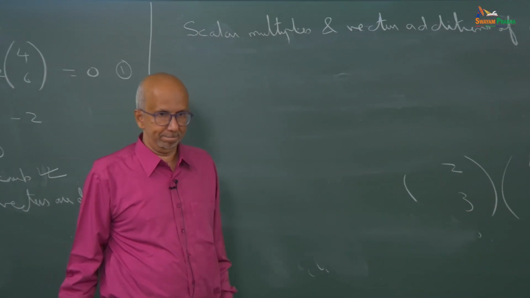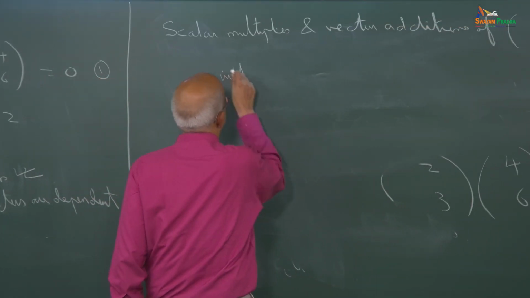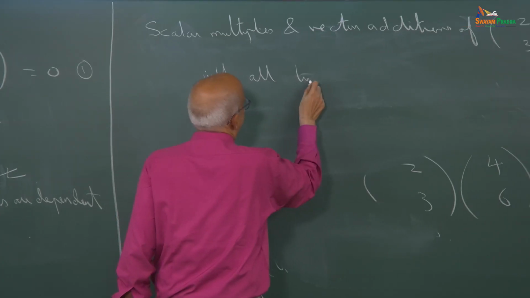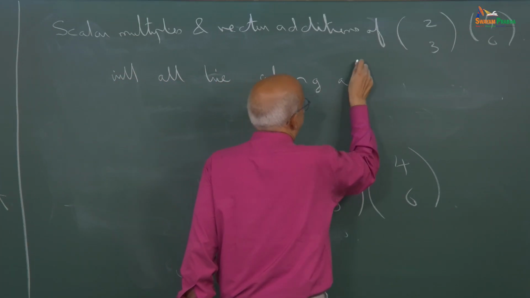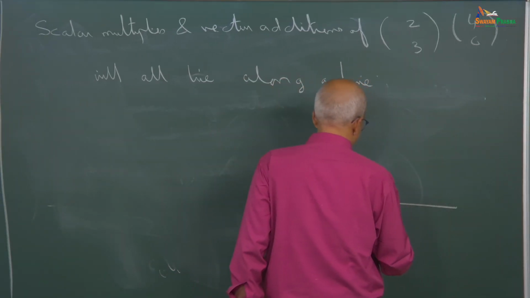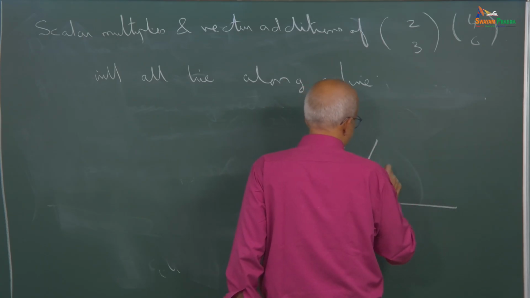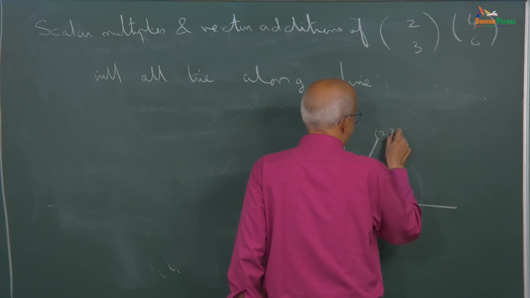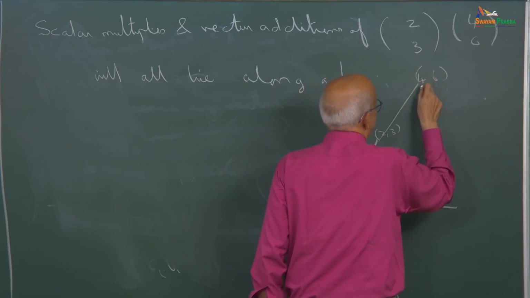They will all lie along a line. This is the point (2, 3), and (4, 6) is here.